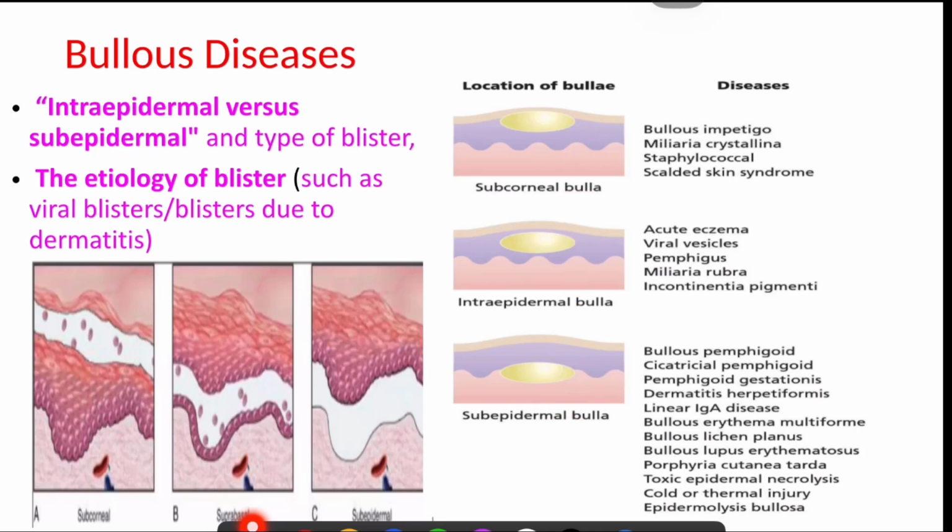So here you can see subcorneal means below the corneal layer, suprabasal means above the basal layer, but these are both intraepidermal, and this is called subepidermal, where you can identify the epidermis and dermis are both separated.